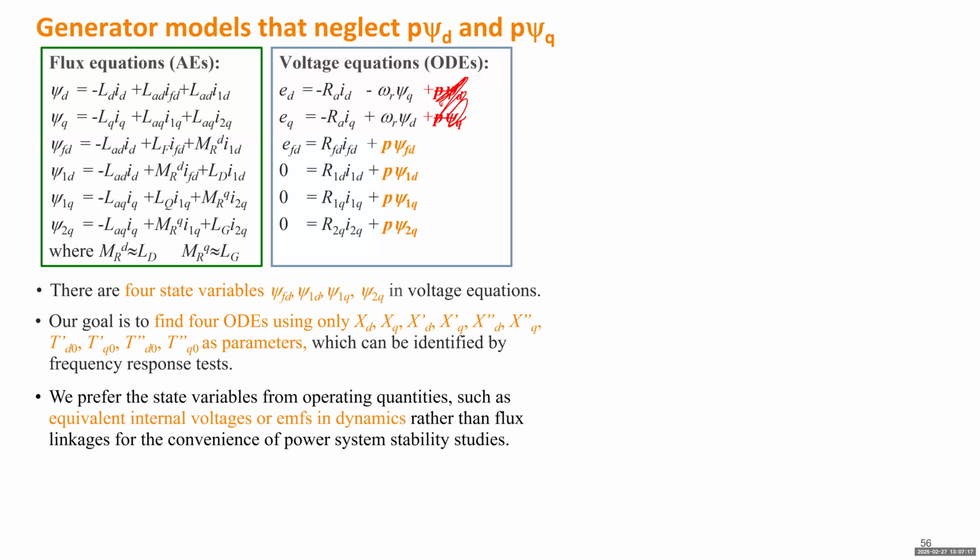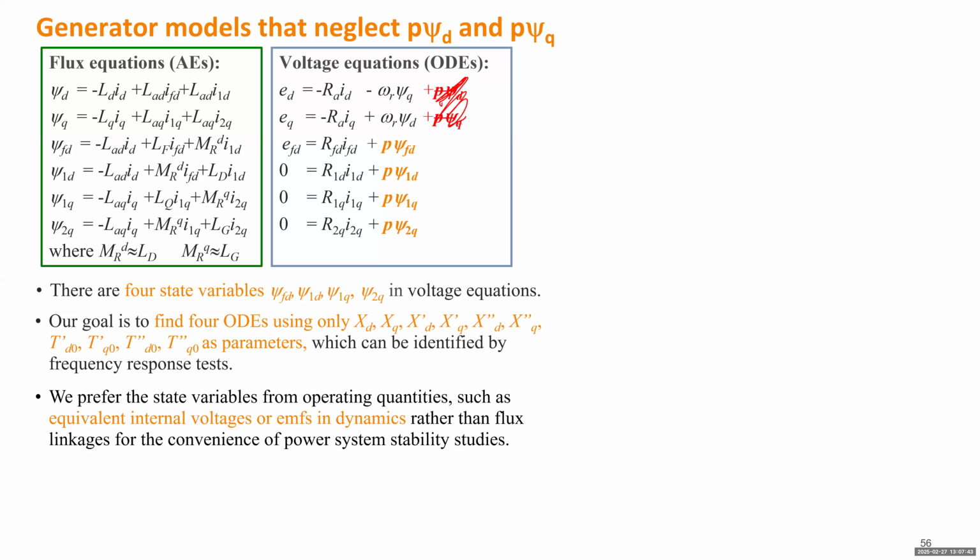As I said, we don't want the flux linkage to be the state variable. Definitely some flux linkages are easy to interpret, like psi-FD. Psi-FD basically indicates the flux linkage of the field 1D, so if you take the derivative of psi-FD, that somehow tells you how much field voltage is actually induced. But for other flux linkages like psi-1D, psi-1Q, or psi-2Q, what does that mean really?